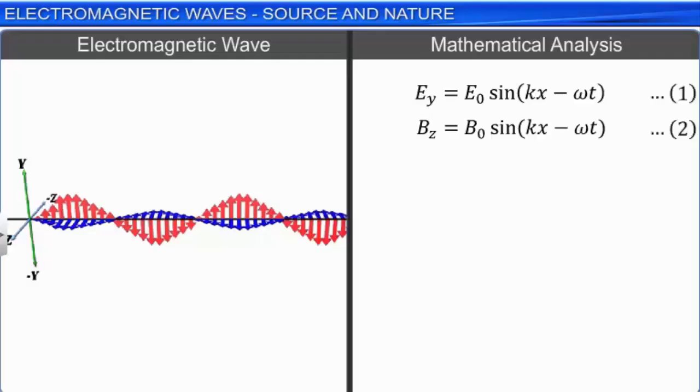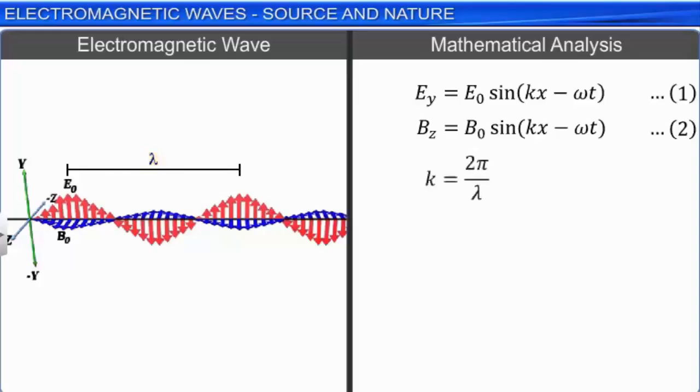Here, E0 is the maximum value or amplitude of the electric field. B0 is the maximum value or amplitude of the magnetic field. And k is the wave number related to the wavelength of the wave λ. That is, k = 2π/λ. Let this be equation 3.